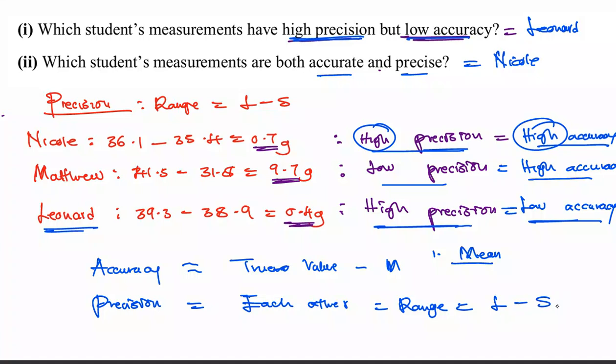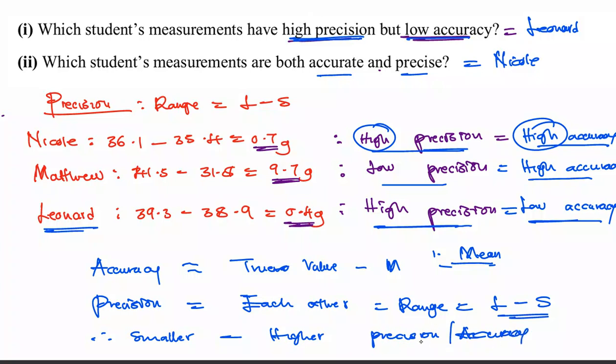Then you determine who is accurate and precise using the difference and the range, remembering the key point: the smaller the value, the higher the precision or accuracy.